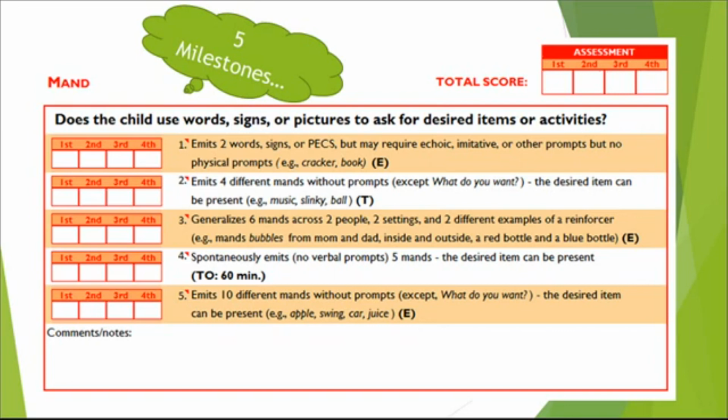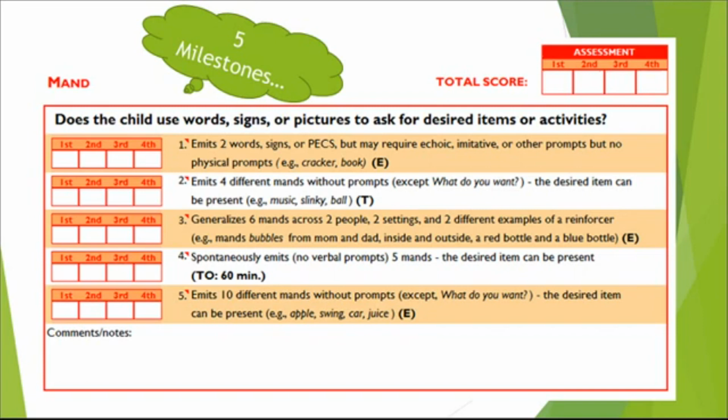So let's look a little bit closer. Continue to flip through your protocol book and get to the level 1 mand. This milestone begins, and these are the main things this repertoire is looking at. It says a child uses words, signs or pictures to ask for desired items or activities.